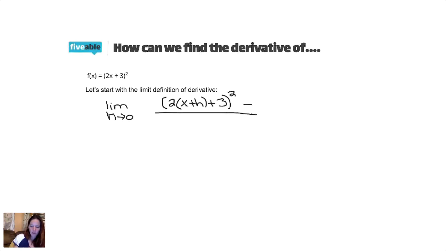And then we're going to subtract f of x, and all over h. So again, that's just a fancy form of the slope formula, right? When we did change in y over change in x, and so that top is our fancy change in y, two functions that are h units apart, and our bottom is our change in x, h units apart.